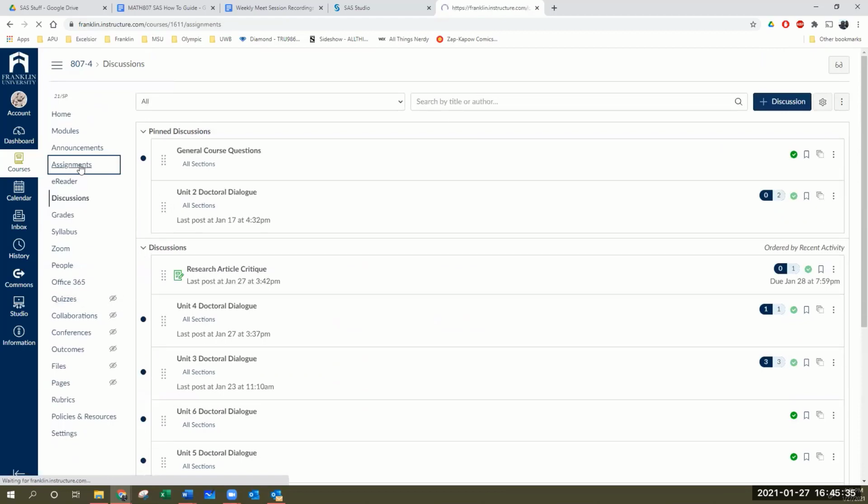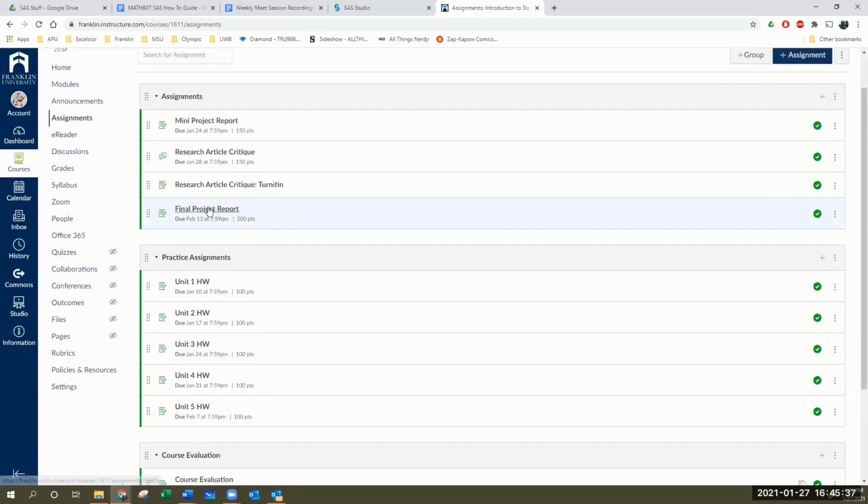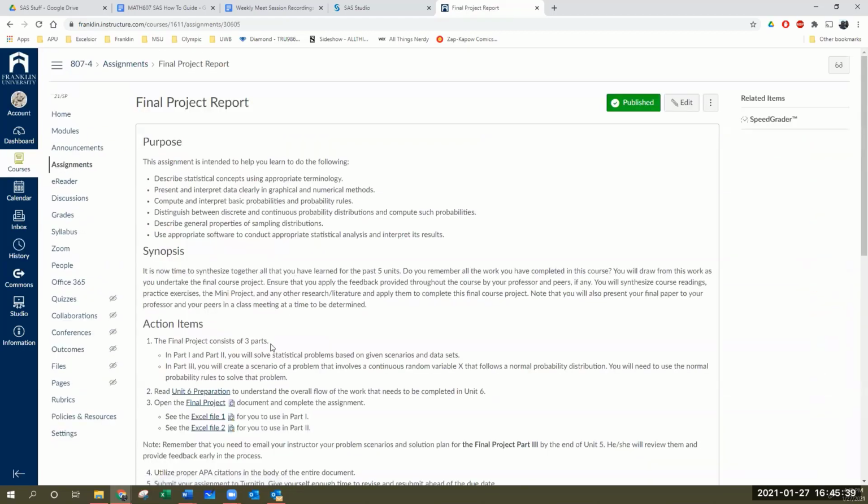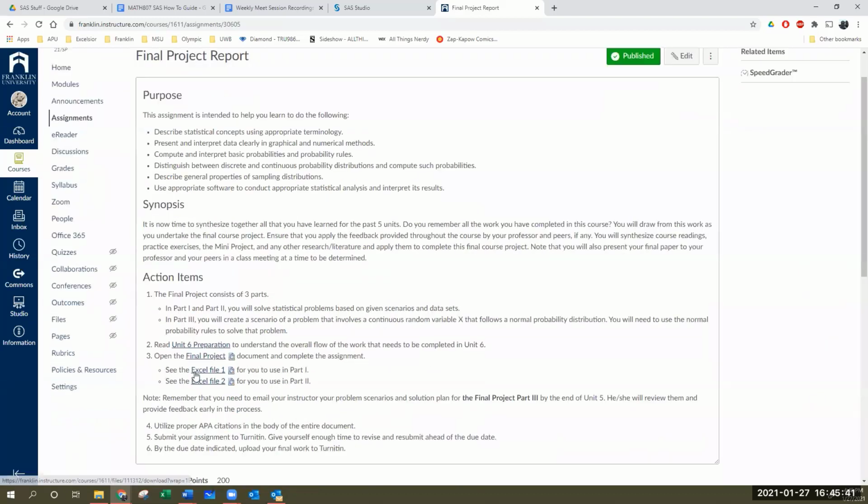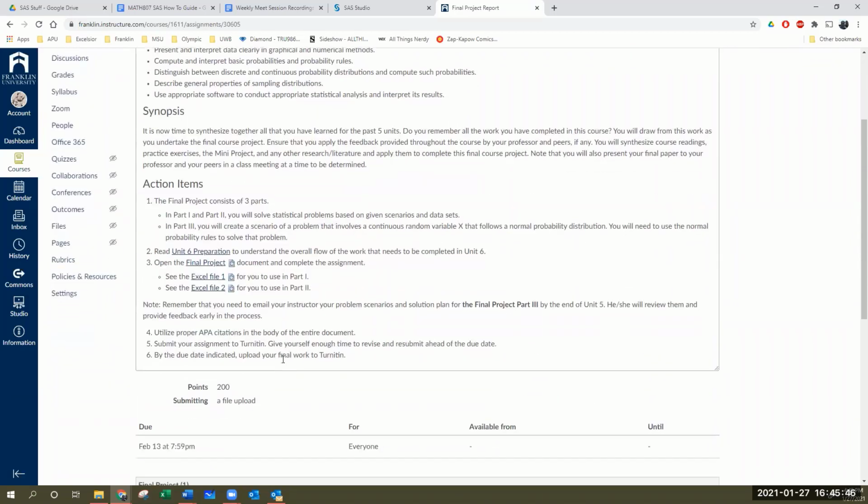So in the final project assignment, part 1 is straightforward. You have a data set and you're going to run a bunch of probabilities on it. Part 2 is also straightforward. You got a data set and you compute a bunch of probabilities. Part 3 is where people's heads explode because it's all theory. There's really nothing to part 3. You don't have a data file for one thing.